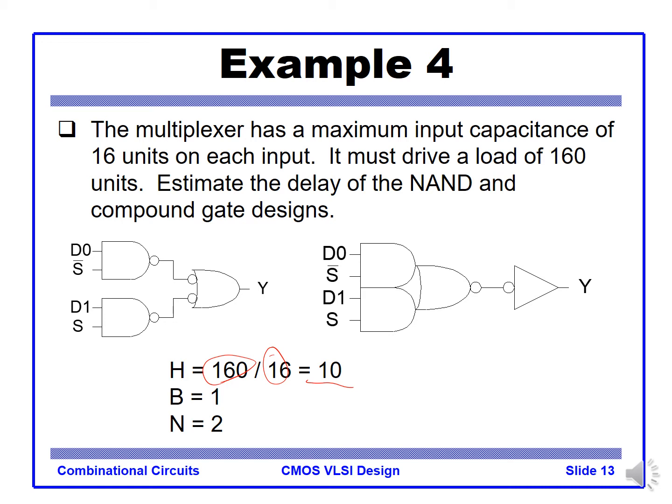What about the branching effort? The branching from one input to output is just equal to 1 because it all goes to a single gate, right? And the number of stages for those two cases is 2, right? This one, the other one, and this is the one and the other one. So this is like just a NAND gate, right?